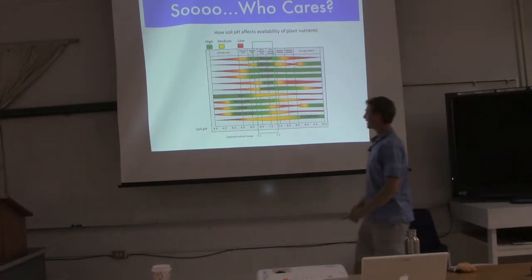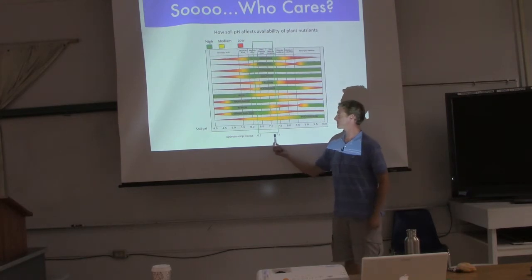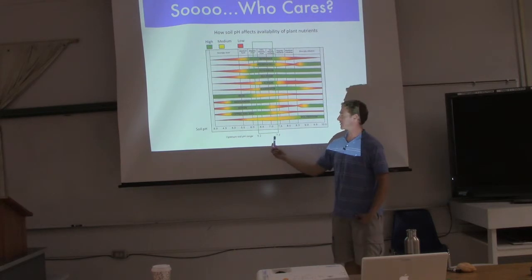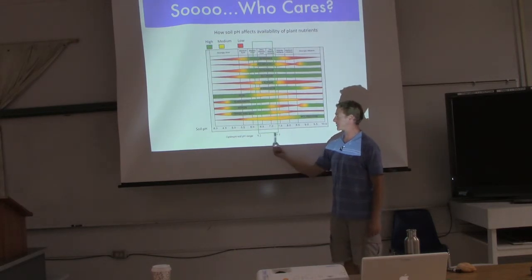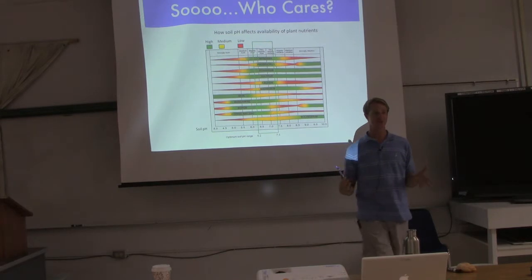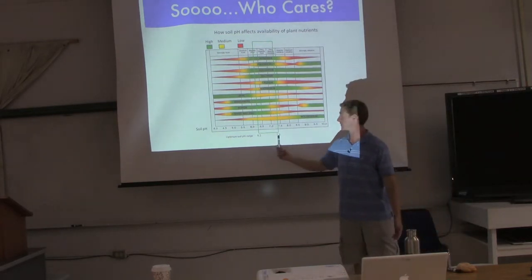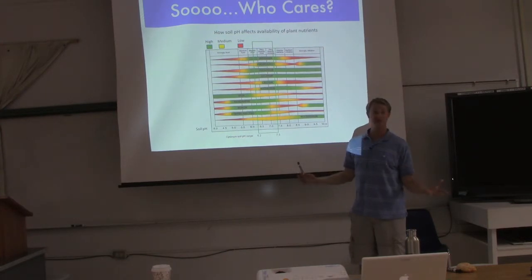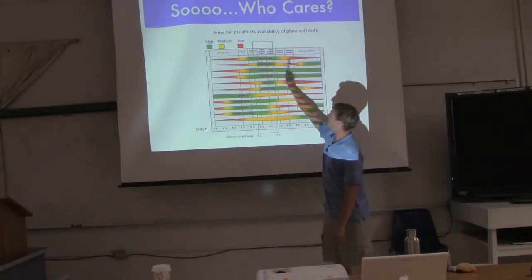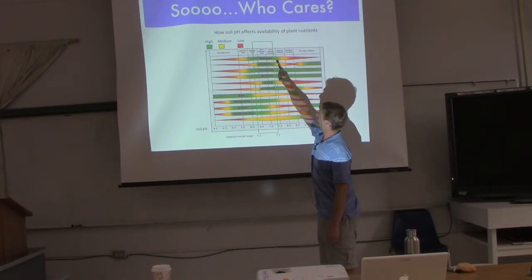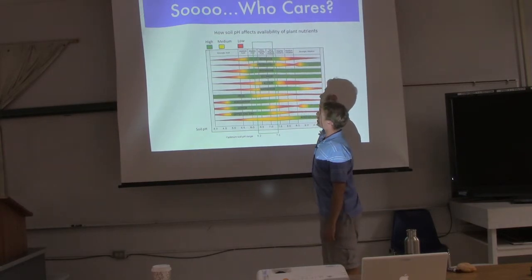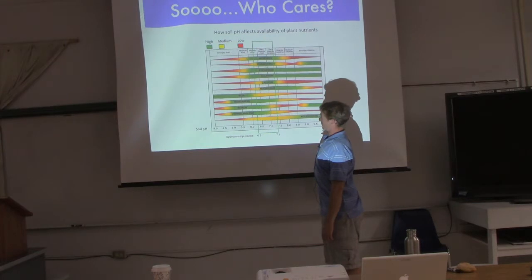Because you see this window right here? This is the window in which this is optimal soil pH range. This is the range in which almost all agricultural soils are at. Okay? Why is that an optimal range? Because depending on the pH of the environment, certain minerals can be taken up by the plant at optimal levels.